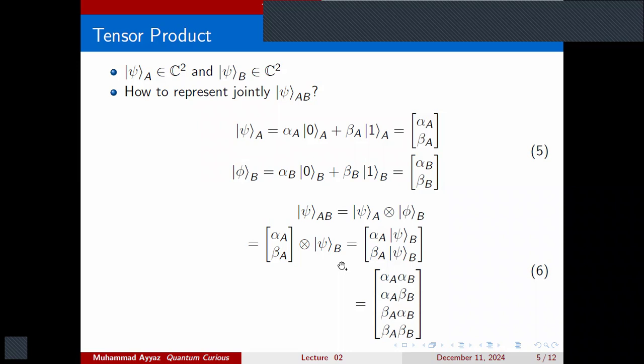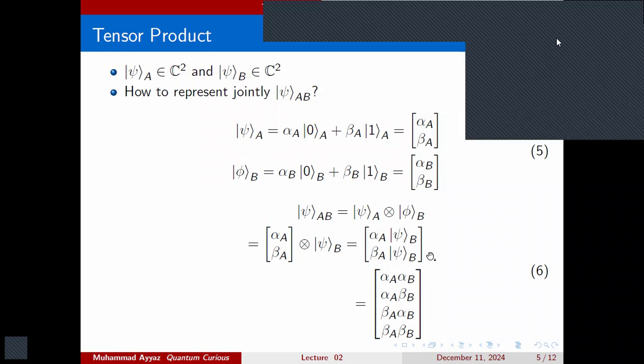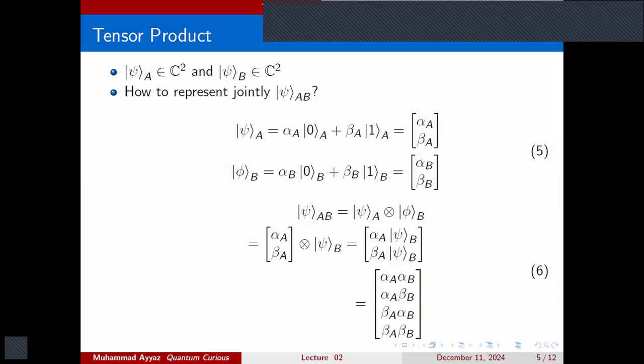And it is quite a special multiplication, as it increases the dimension of the resulting joint state vector. So we start with a two-dimensional vector, and we end up with a four-dimensional vector. So it doubles the dimension of the vector from which we originally started.